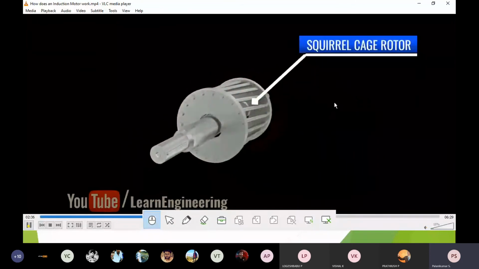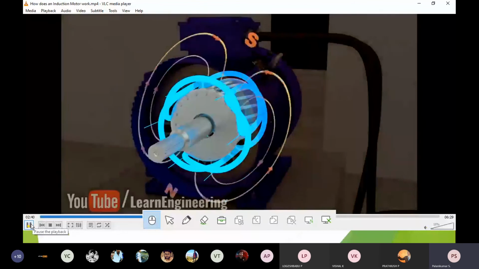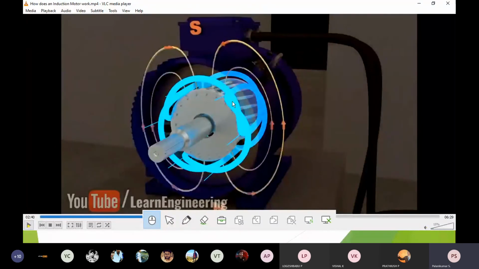So here you have a squirrel cage rotor. On the rotor side, instead of a coil, I have bars, not exactly parallel to the shaft but slightly making an angle, in order to avoid magnetic cogging.